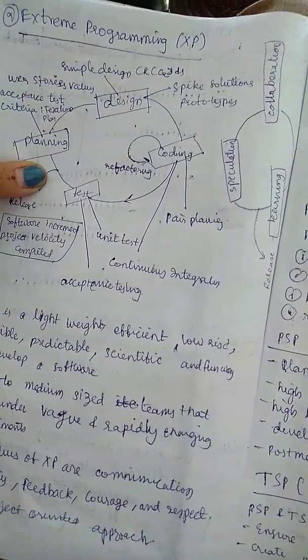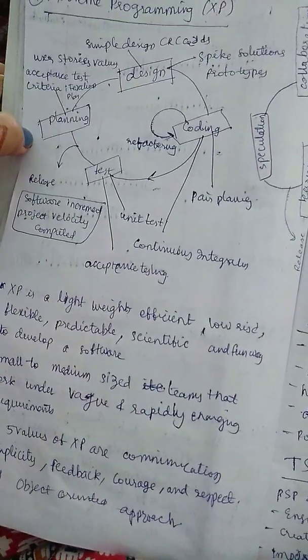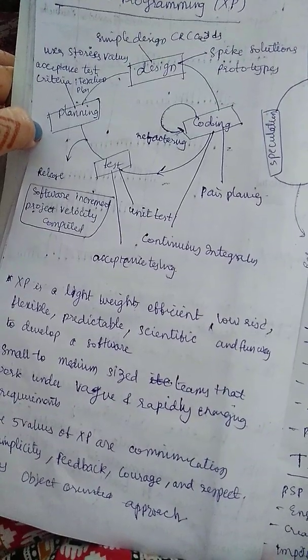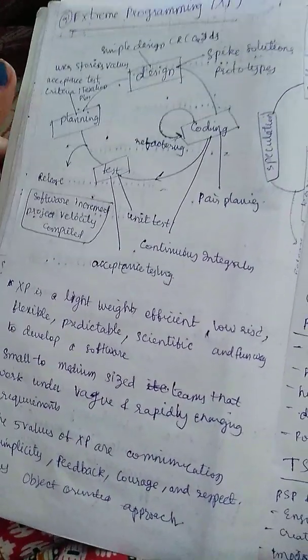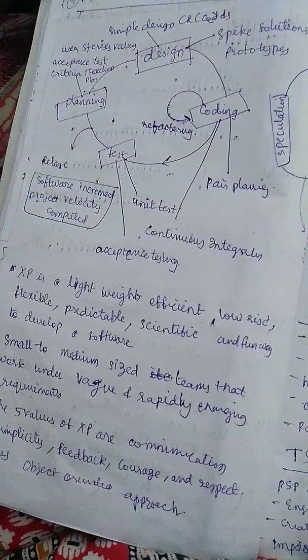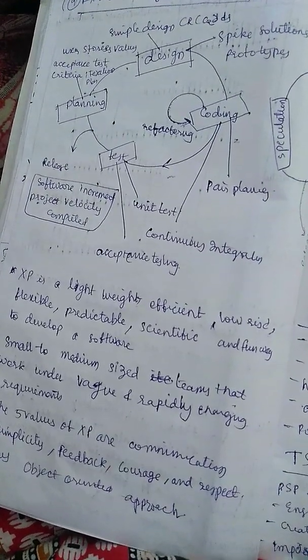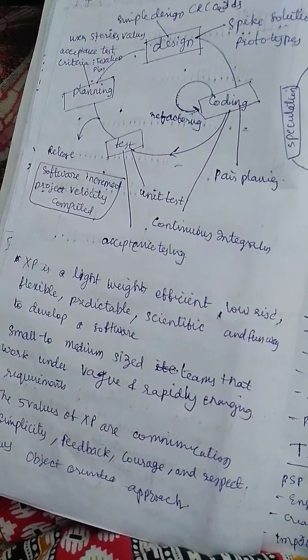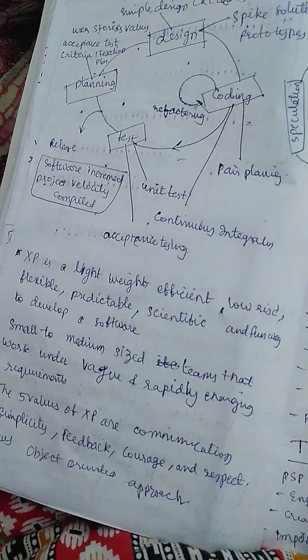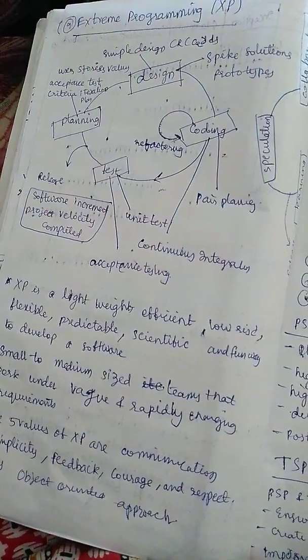And then after coding, we will go for testing. In testing, we will do the unit test and acceptance testing. A unit test is nothing but checking each object and testing it. And then after testing, we will release the software increment, and project velocity is computed. That is about extreme programming.